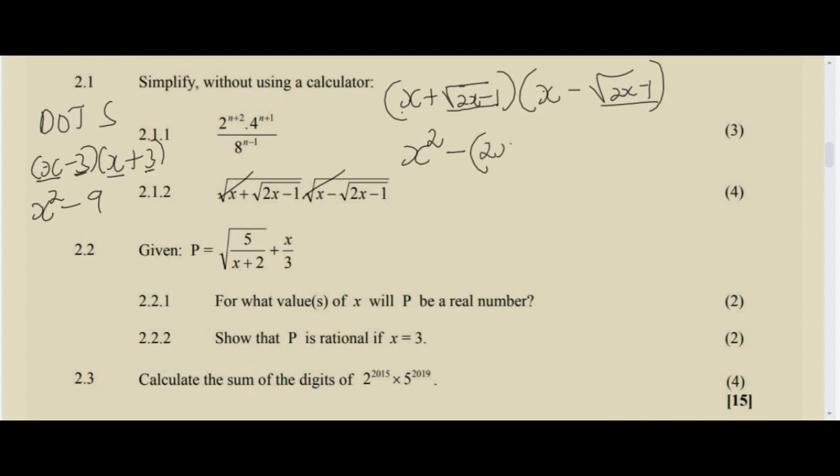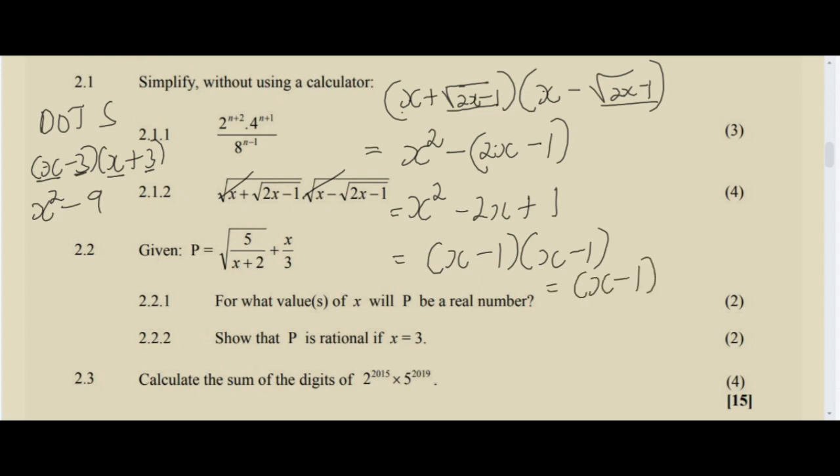So we'll have 2x minus 1, right? So this is x squared minus 2x, and then negative and negative plus 1, right? So this is equal to x minus 1, and then also x minus 1. So this can be expressed as just x minus 1 squared, right? Then that's how you do it.